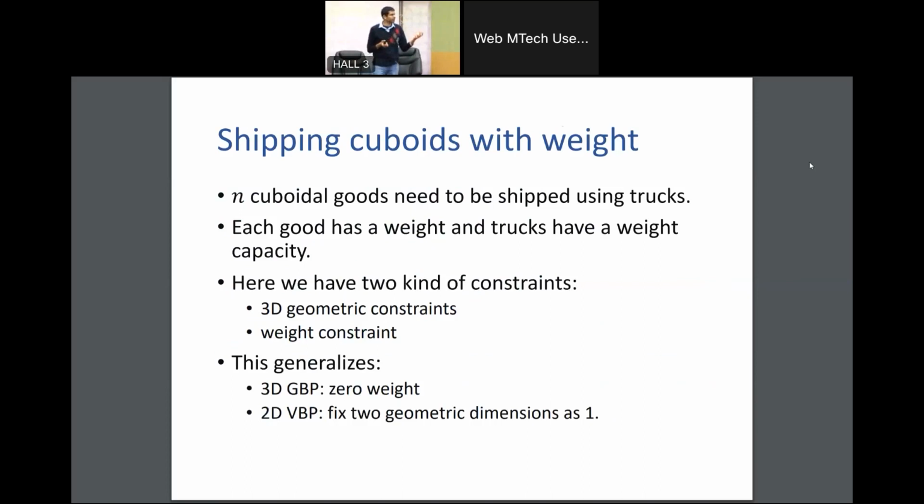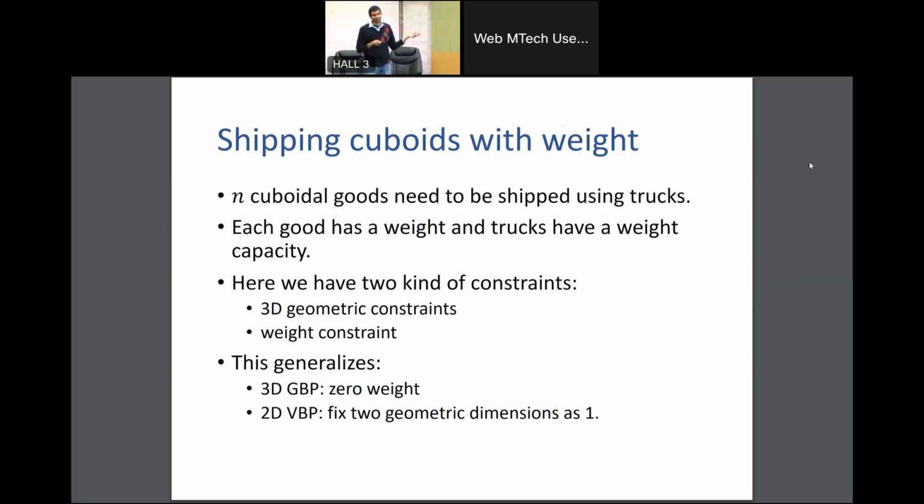So here we have two kinds of constraints. We have a 3D geometric constraint, which means that the cuboid should actually fit into the truck, but that's not sufficient. We also need to ensure that the total weight of the items doesn't exceed the weight capacity of the truck. Okay? So this problem generalizes the three-dimensional geometric bin packing problem. In fact, it's equivalent to that if all items have zero weight.